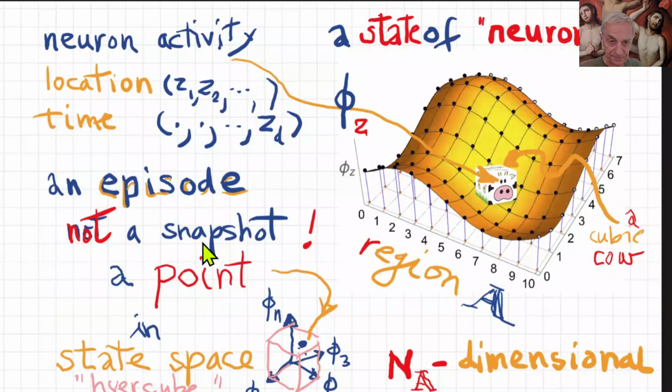And when I have a point here, for me, this whole state, this whole disposition of fields is a point in a high-dimensional state space. And that we already have done when we discretize fluids.